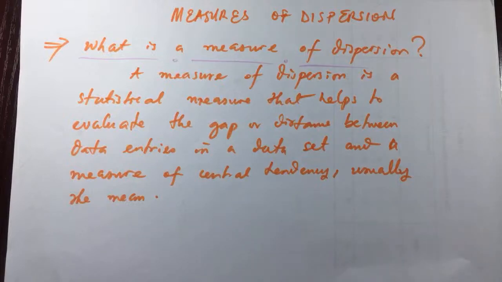So, I was trying to illustrate what a measure of dispersion is in real life, for all of us to understand clearly. So I said earlier on that a measure of dispersion is that gap between somebody we chose by means of a measure of central tendency and every other data entry in the data set.